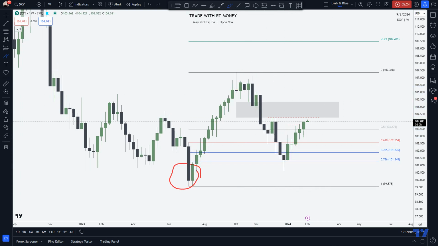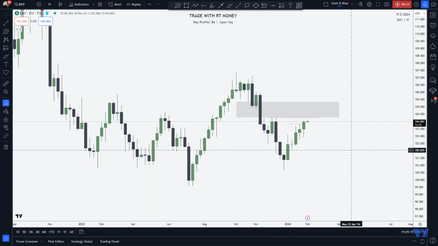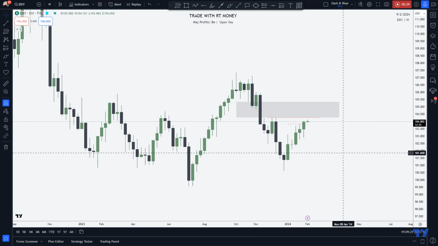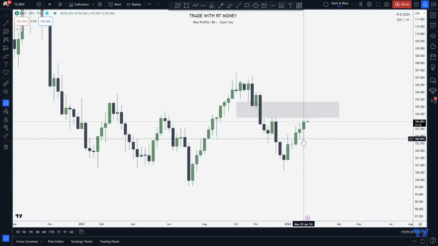That's the potential, and that's what you're expecting. If it doesn't happen, it doesn't happen. You adjust accordingly, but that's the expectation. With that in mind, that validates my bullish outlook.